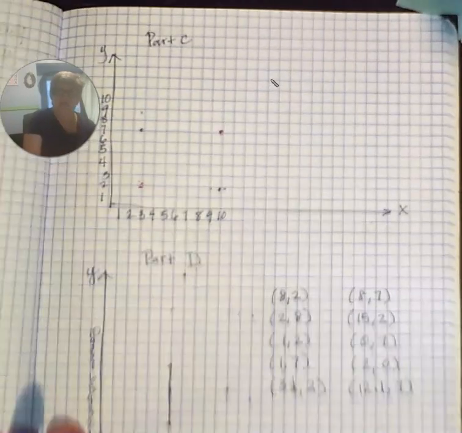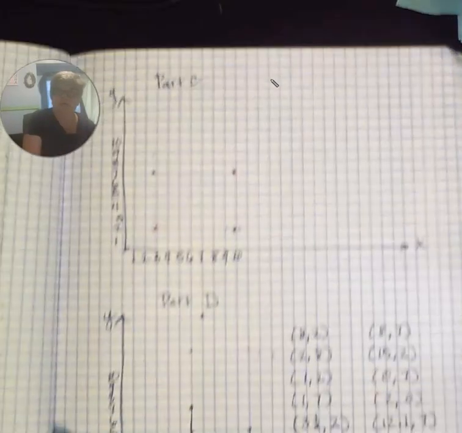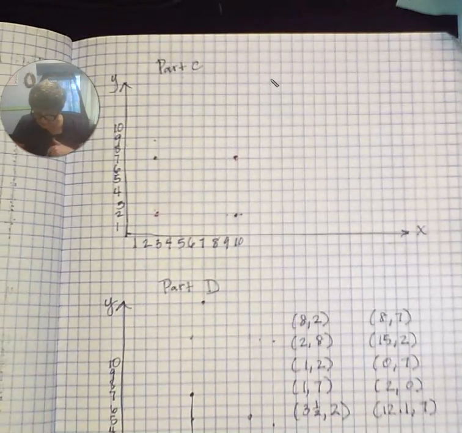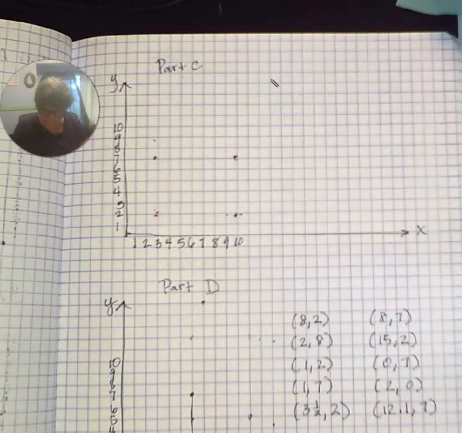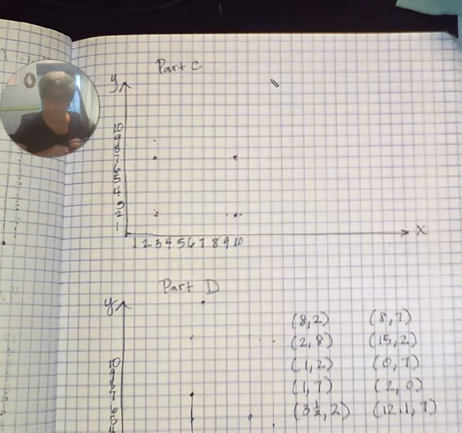Part C in your book, another coordinate plane, and this time plot any 2 points that lie on the same horizontal line. Then write any number between 1 to 5 on the line provided. So you're going to put 2 points and then write the number.